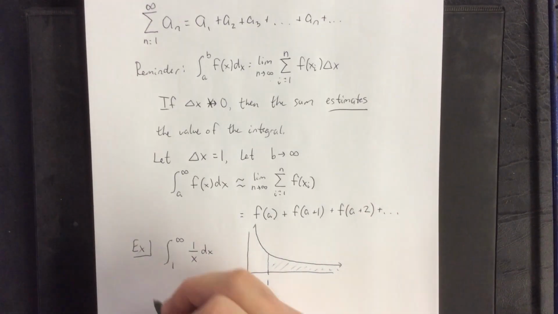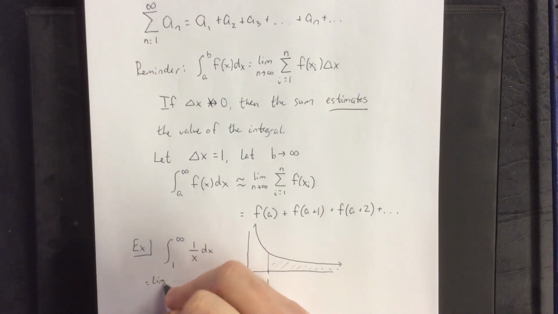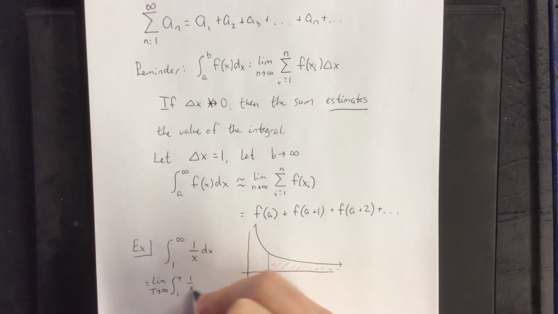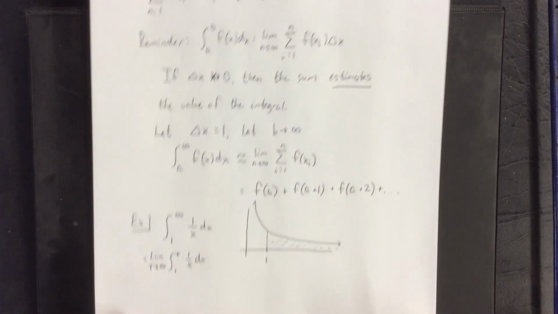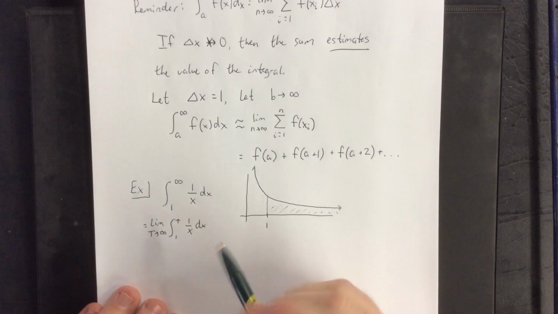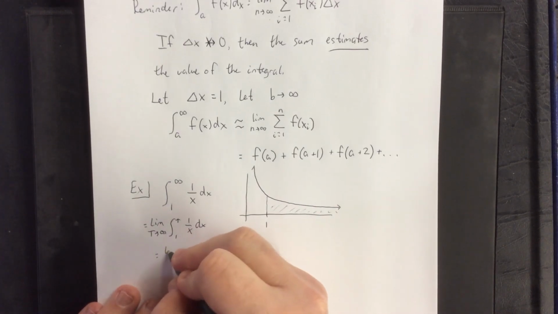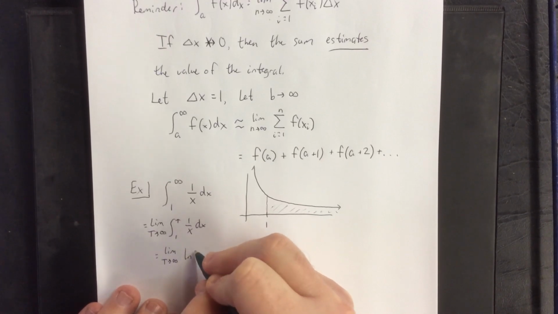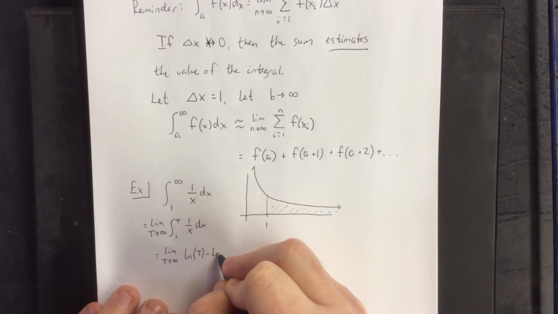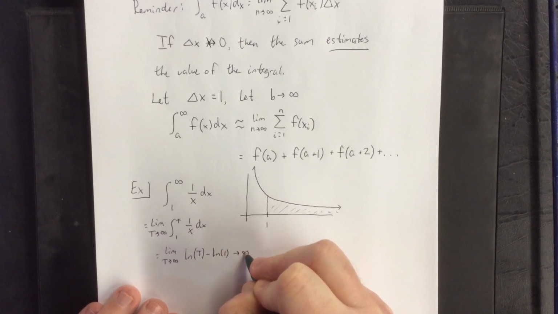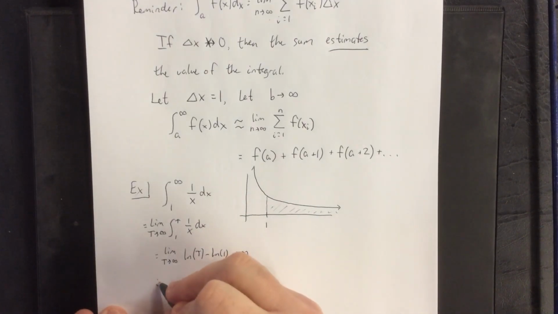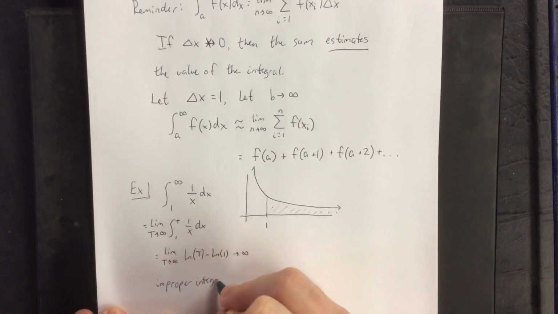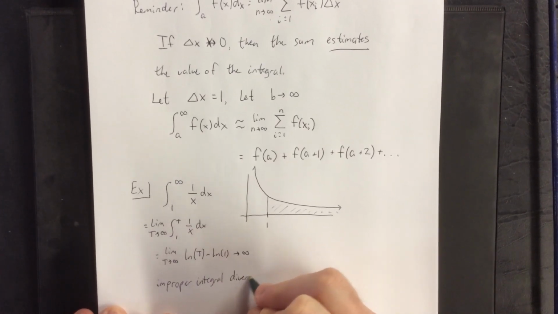Now we know, based on some quick work for evaluating this improper integral, first we express the bound as a limit, and then we actually integrate. The limit as t approaches infinity of the natural log of t minus the natural log of 1, which does eventually diverge. So the improper integral diverges.